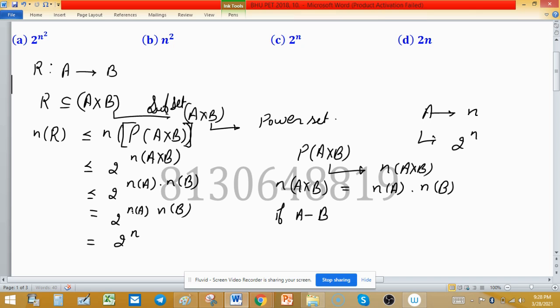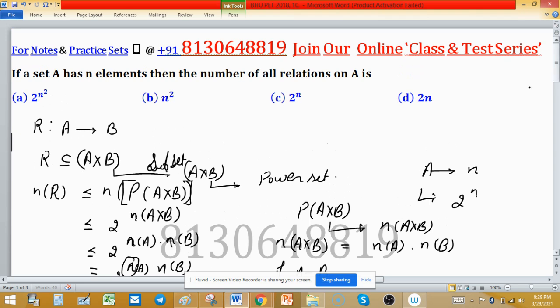This n is different: it denotes the number of elements in set A, so you can write a script n to distinguish. So n times n means 2 raised to the power n square. Which option gives this answer? Option A is the correct choice.